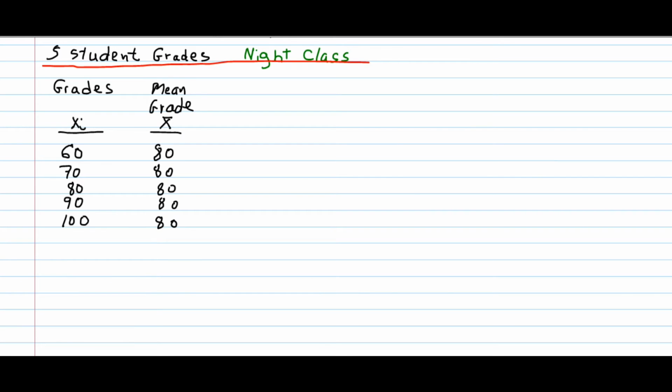Okay, let's get back to the formula. It was x sub i minus x bar squared. So the next column we're going to make, the third column, is for the deviations about the mean.